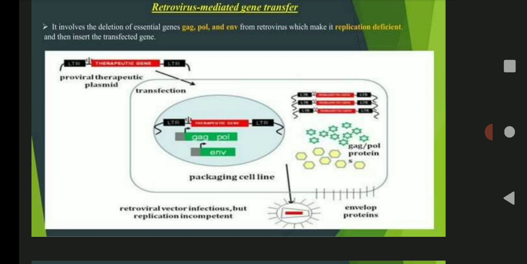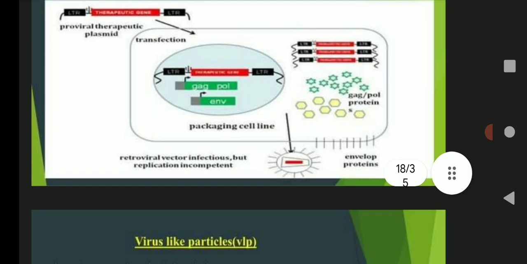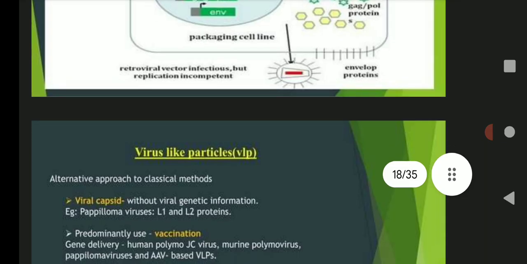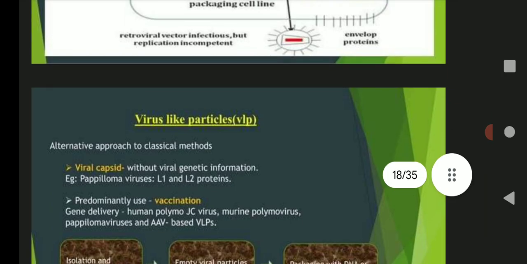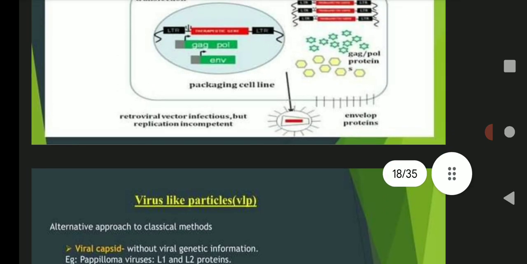Then the retrovirus is ready to cause infection. The retrovirus has an LTR sequence.